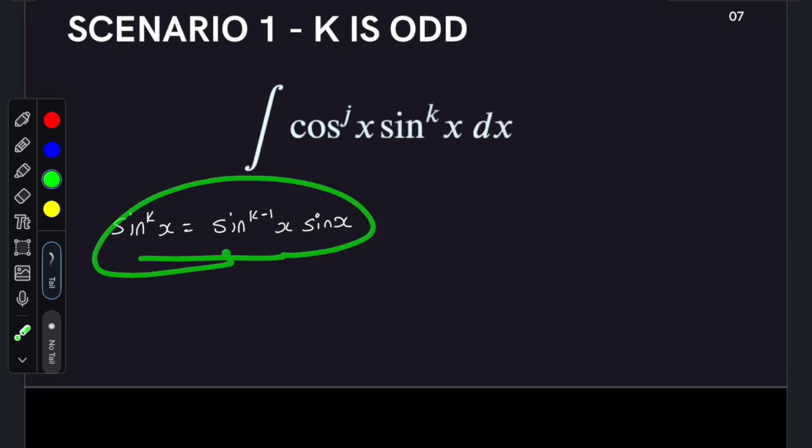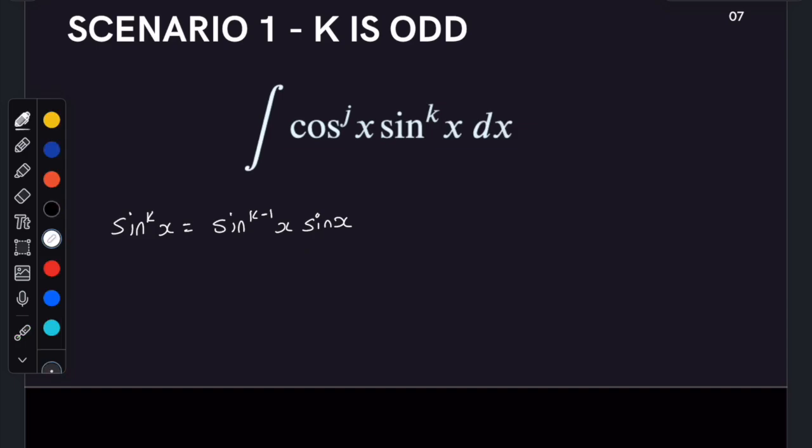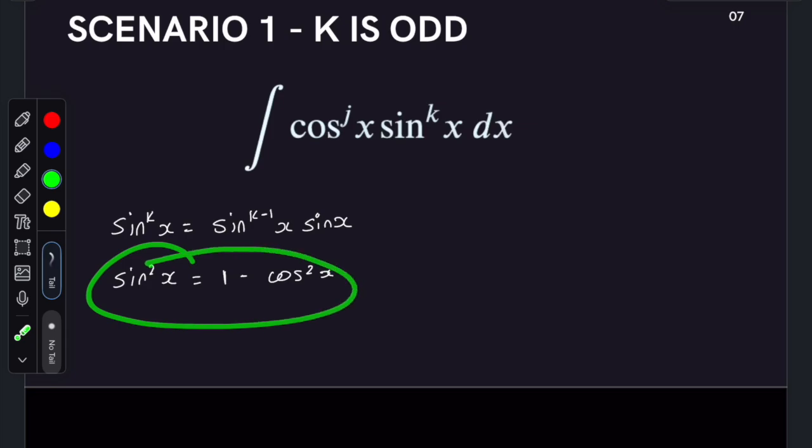because we're just grounding on the theory here. From here we're going to do an example. From the sine kx, we know that sine squared x is equal to 1 minus cos squared x. So we can use this to rewrite sine to the k minus 1 x in terms of cos x.